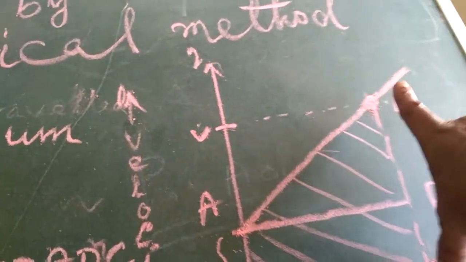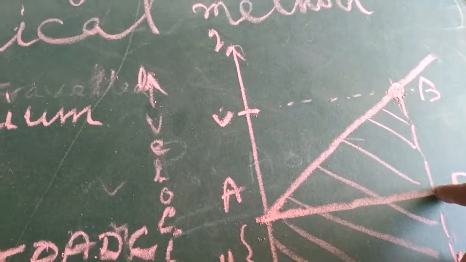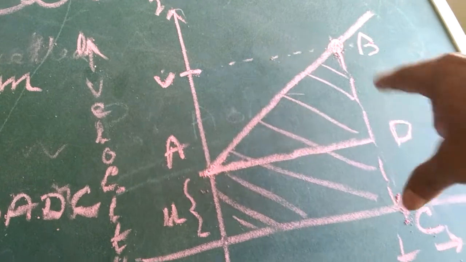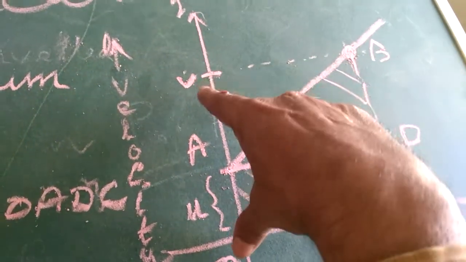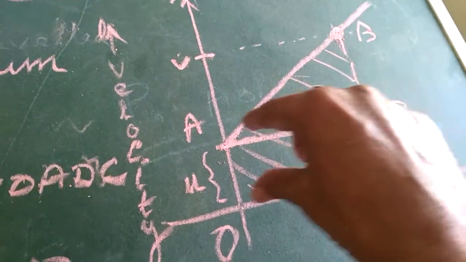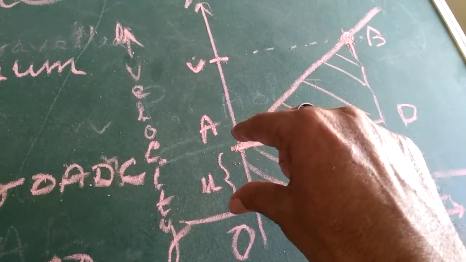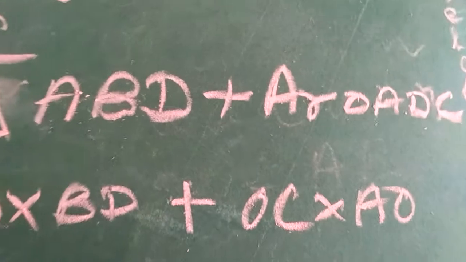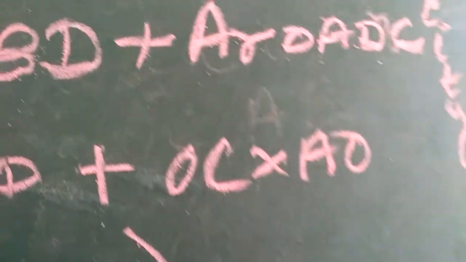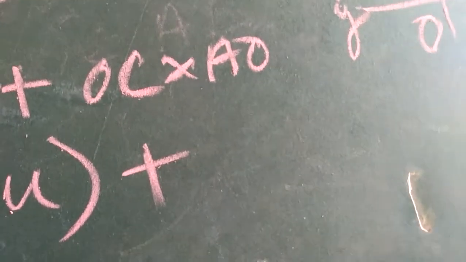BD is V minus CD. BC is V, and CD is U. So BD is V minus U. So this is equal to half T into V minus U plus OC into AO.